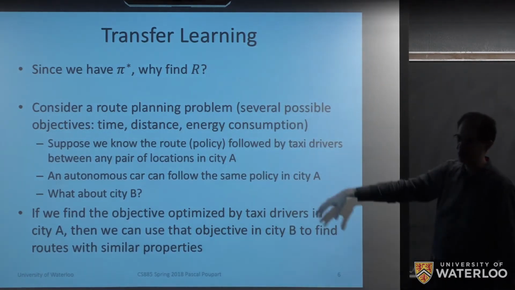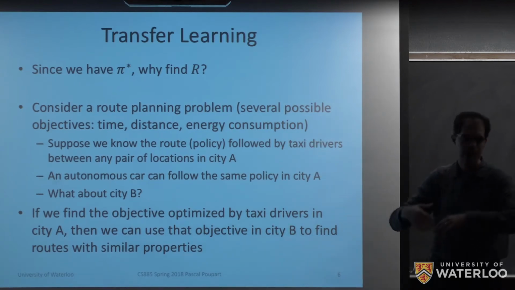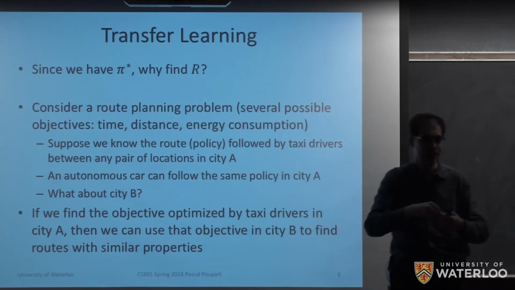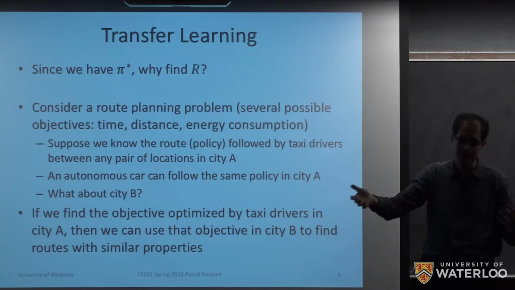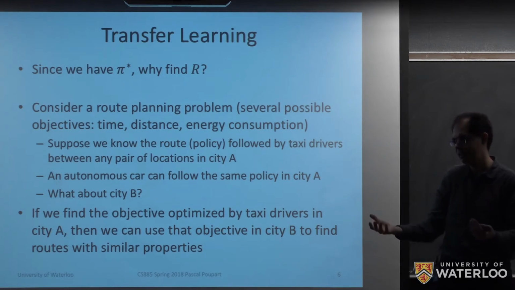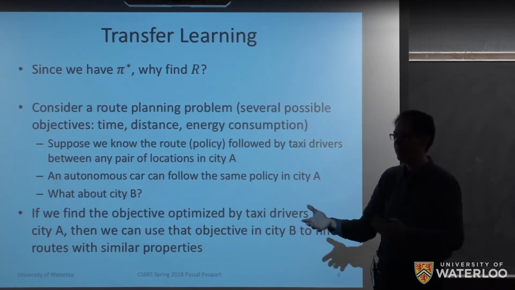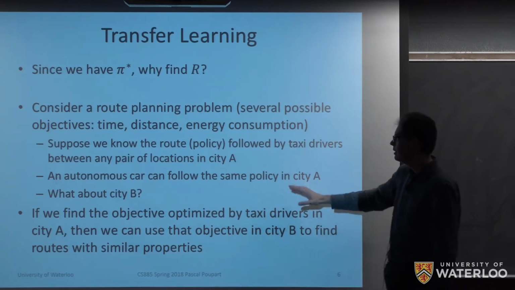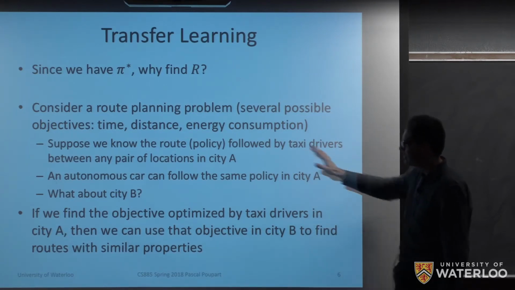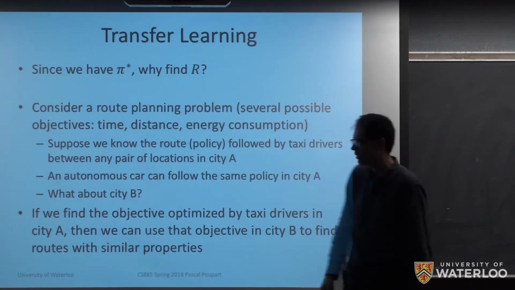In fact, some researchers did some work along those lines where they got some data from some taxi companies, and the taxis drive pretty much everywhere, so they can record what routes are followed, and taxi drivers usually have a good sense of how to optimize those routes. Okay, I mean, they don't necessarily always optimize for time, but they might optimize for some combination of objectives here.